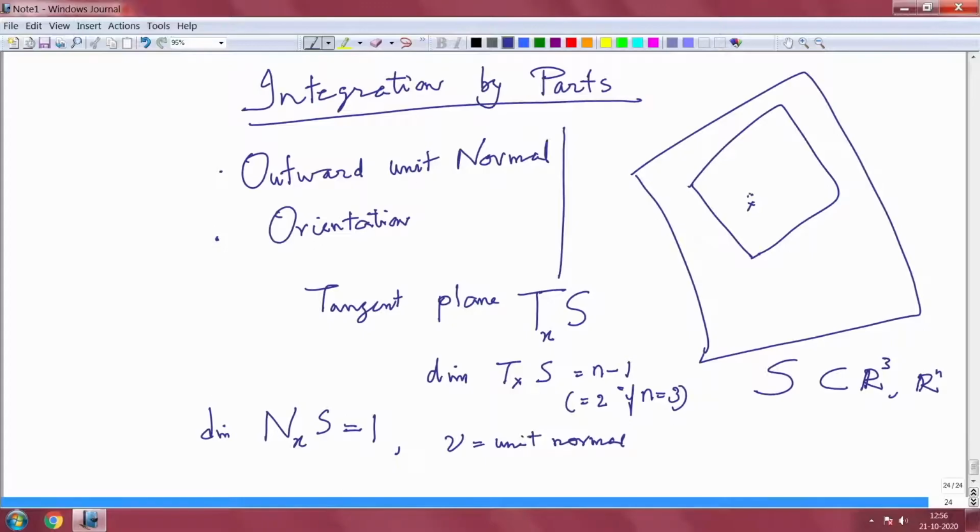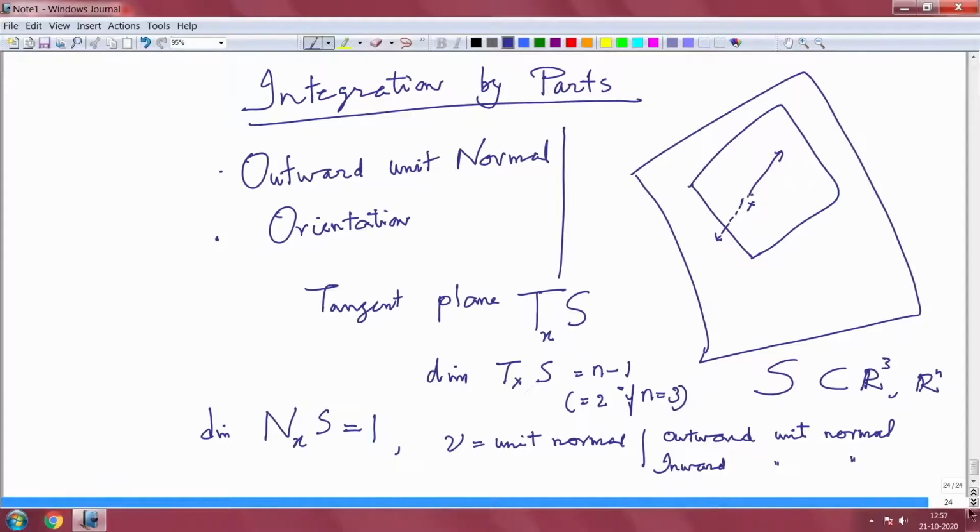You will have one unit normal vector. So, the important thing is how do you understand outside and inside. So, what is the outward unit normal? And you have to understand what is an inward unit normal.